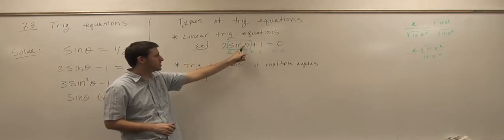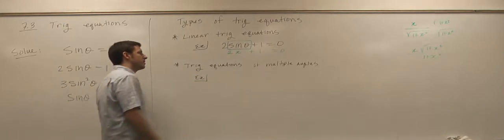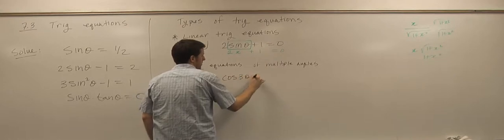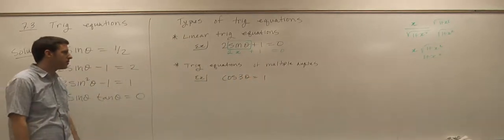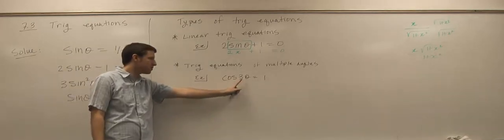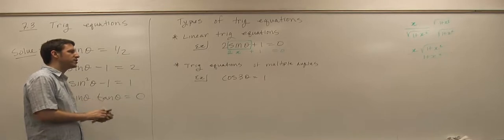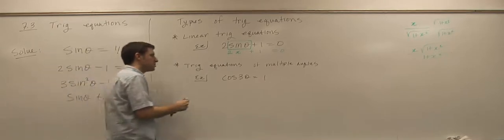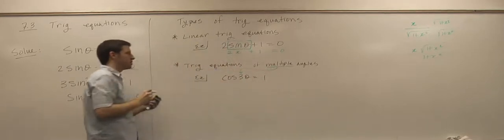But instead of having just a theta inside, you might have a 2 theta, or a 5 theta, or 3 theta. And when there's a number multiplying the angle inside, that changes the strategy you need to use to solve it. So this multiple angle means there's a number multiplying your angle.